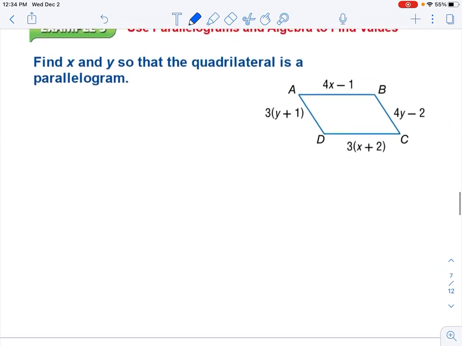And then we can do some math, find x and y, so the quadrilateral is a parallelogram. If we want to make it a parallelogram, opposite sides have to be congruent, so we just set them equal to each other. Now, thankfully, we don't have any crazy stuff with the x's and the y's. We don't need to solve for any system or anything, but we'll have to get there in just a minute.